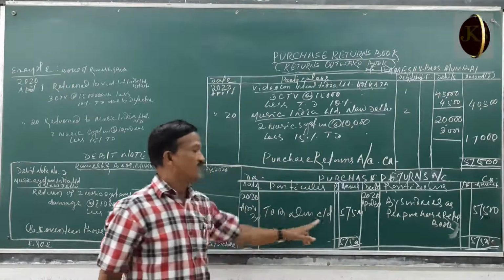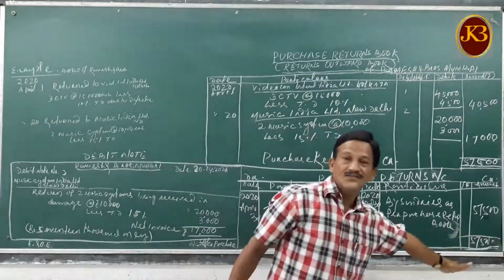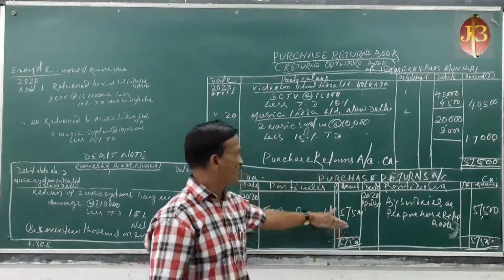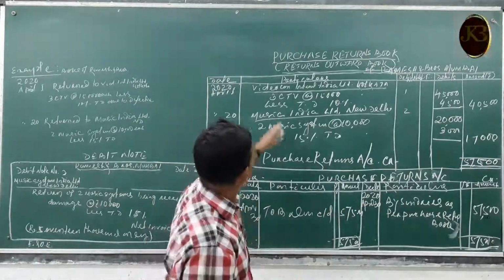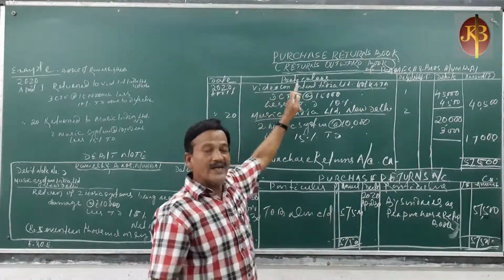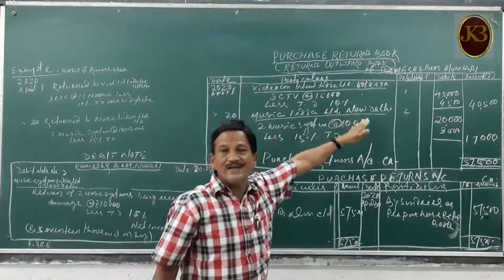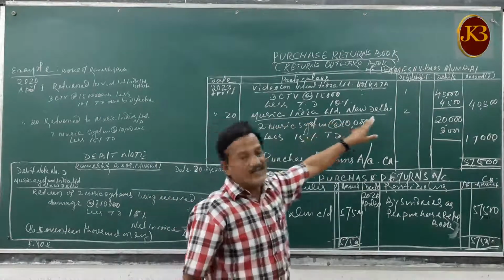So to balance carried down 57,500. Then May 1st, by balance brought down 57,500. So this is the way by which you will post it to the ledger account. Likewise, you can post to the individual suppliers' accounts, that is Videocon International India Limited, Kolkata or Music India Limited in New Delhi.